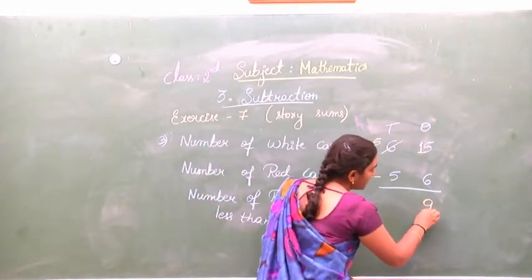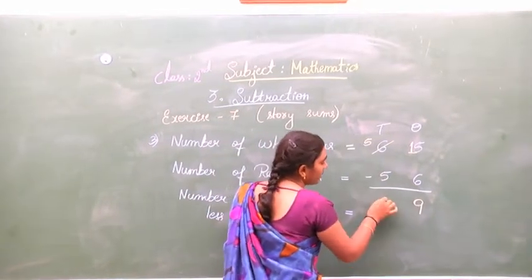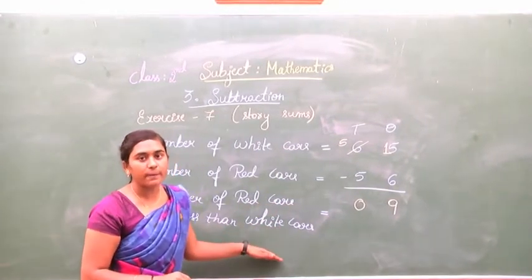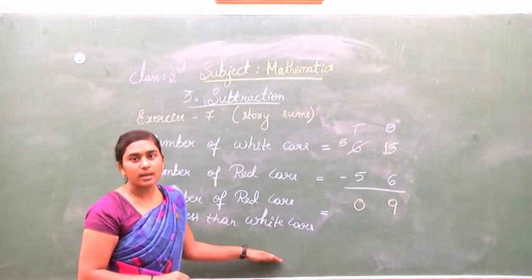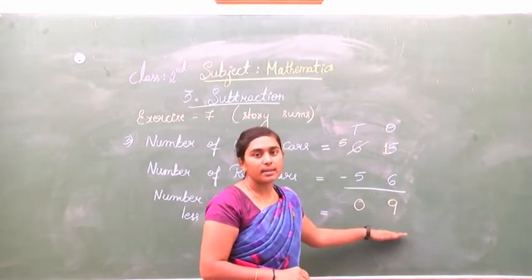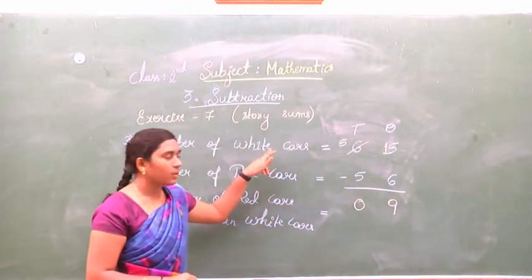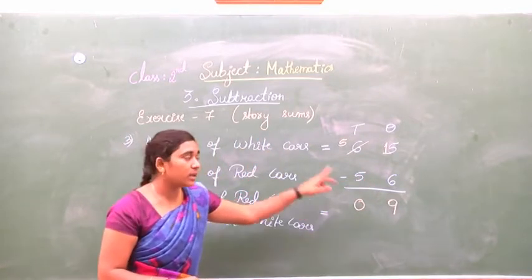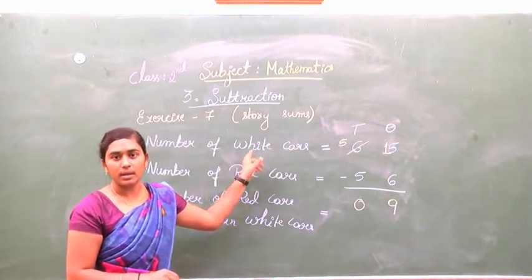So 15 minus 6 is 9. 5 minus 5 is 0. How many fewer red cars are there? There are 9 red cars fewer than white cars.